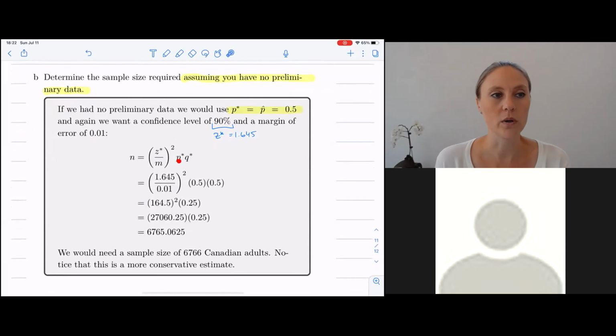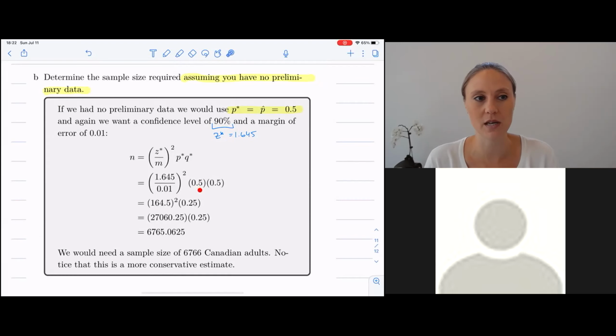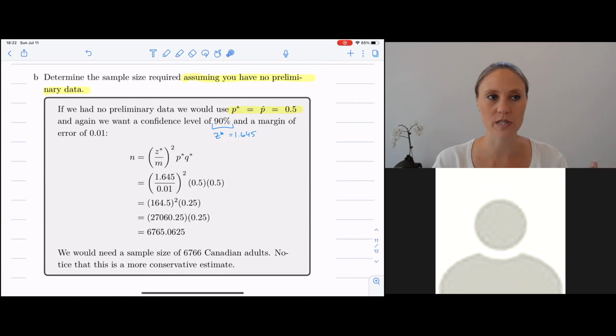But now we're pretending that we have not collected any data before. This is our first time and we're about to set out and we have no previous knowledge about the population proportion. That's what we're saying when we say, okay, well then we expect half of them to be successes and half of them to be failures. And so that's what we're saying when we have no preliminary data. We have no prior knowledge of the population proportion.